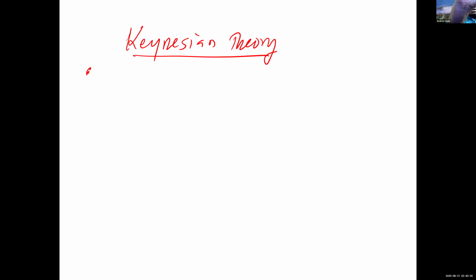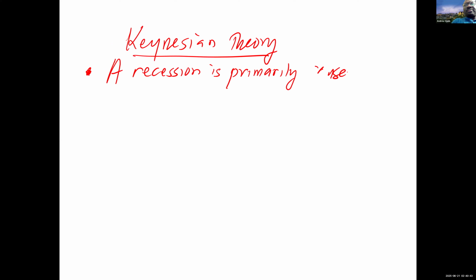So Keynes argues that a recession is primarily caused by low aggregate demand.